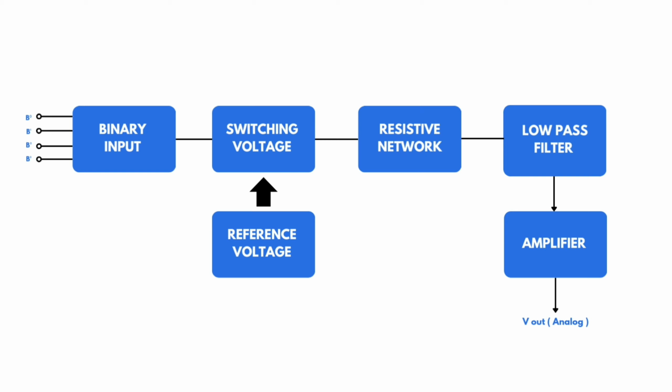The output received can further be passed through a low pass filter to remove the noise in the signal. We can also use an amplifier after the filter depending on the application in which we need the DAC. So this was the explanation of how a basic DAC works with the help of a simple block diagram.